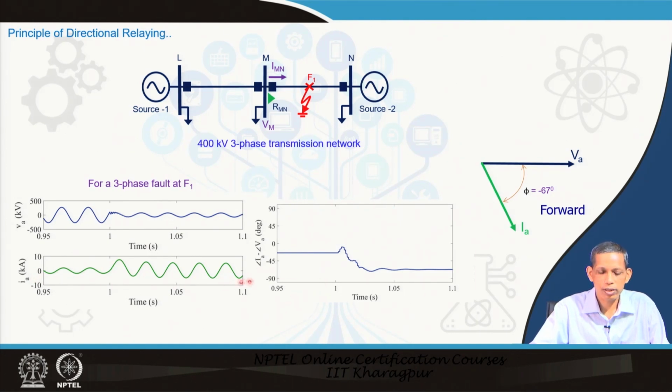Compute the phasors, then you get the corresponding angle between current and voltage, angle of current minus angle of voltage, because you are taking voltage as the reference VA. We are only concerned now about the phase A voltage and current, because we are trying to discriminate the direction of the fault using phase voltage and phase current.